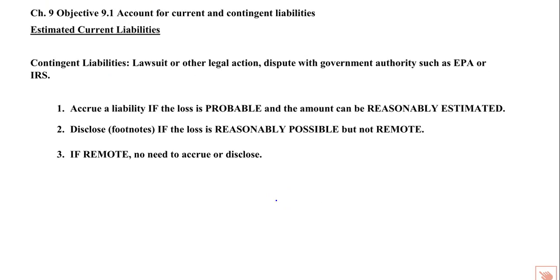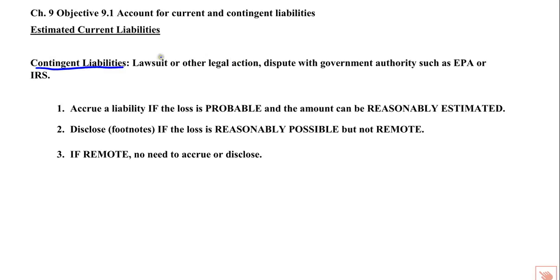There's another type of estimated current liability. This one we're not going to do the journal entry for, but you should know conceptually how it works, and I'll talk about the three definitions in just a second. These are contingent liabilities. The possibility of making a payment is contingent upon future events occurring.